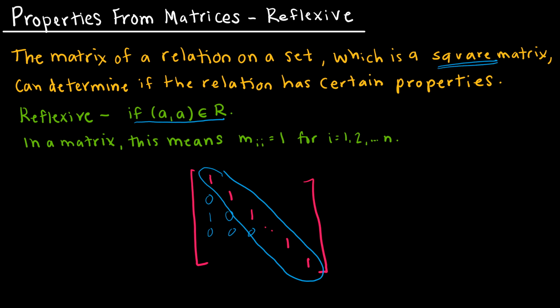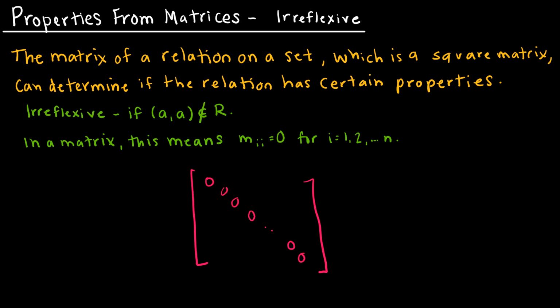So if you're wondering why you don't have a diagonal that works out exactly like my picture, we're only looking at a square matrix, because it would have all of the values along here and the same values along here, so obviously it would be square. Another very easy property to determine just by looking at a matrix is the irreflexive property.